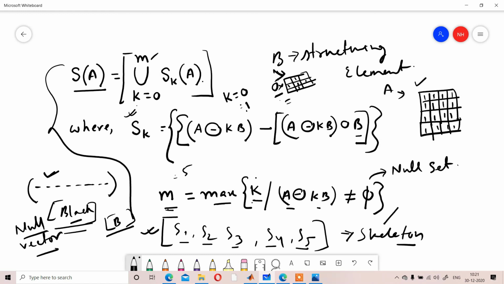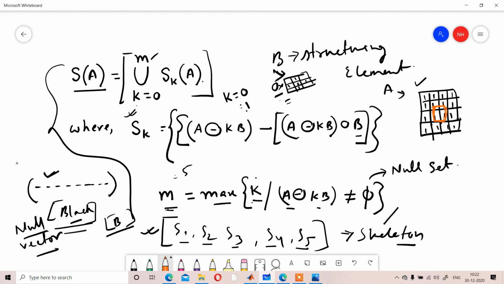So what will happen? If erosion happens over that image 1 time, you will get that. If erosion happens 2 times, over that result again the same process will happen.